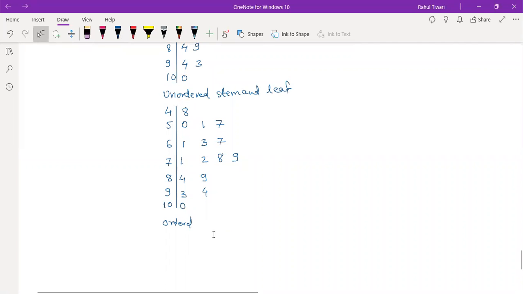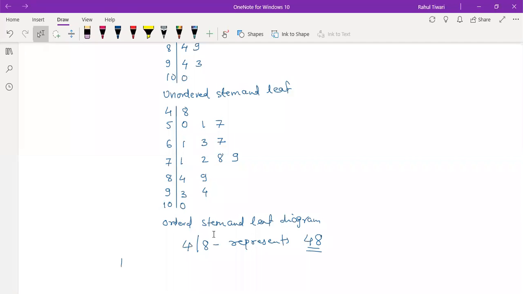Ordered stem and leaf diagram. And we have to make one note here: this 4|8 represents 48.